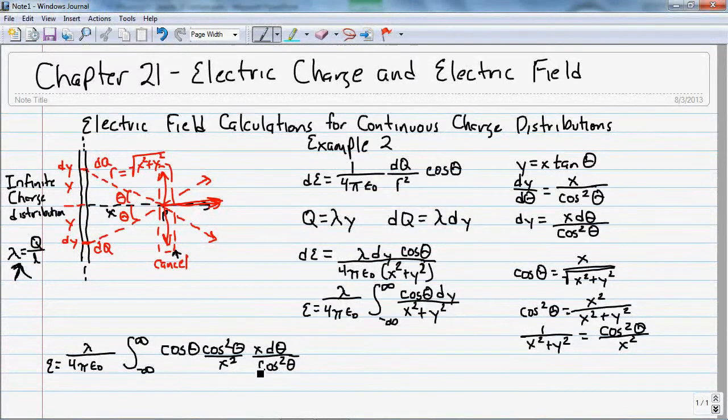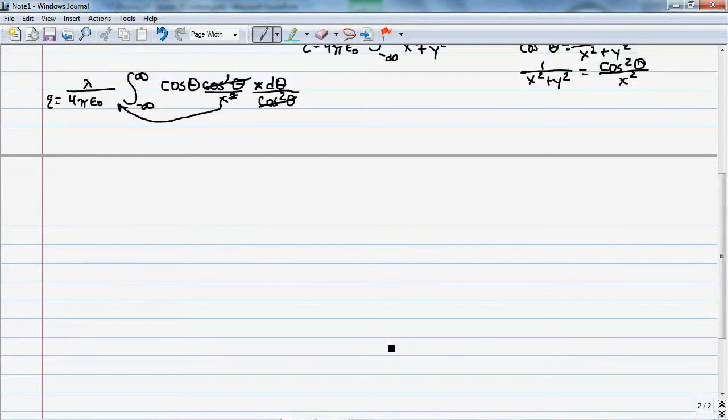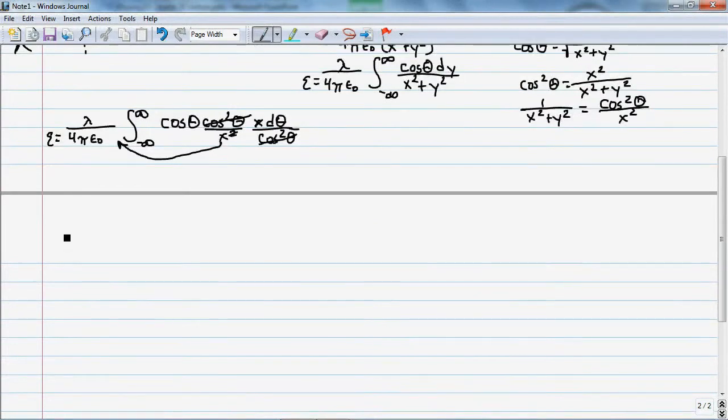Well, the cosine squared thetas cancel. One of the x's is going to go away, so I get rid of one x in the bottom. And x is a constant, so I can bring that out, and my integral simplifies.